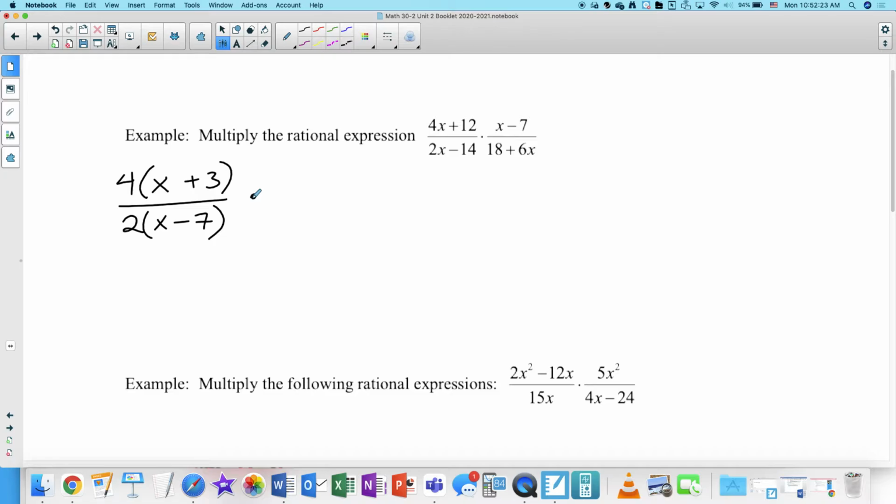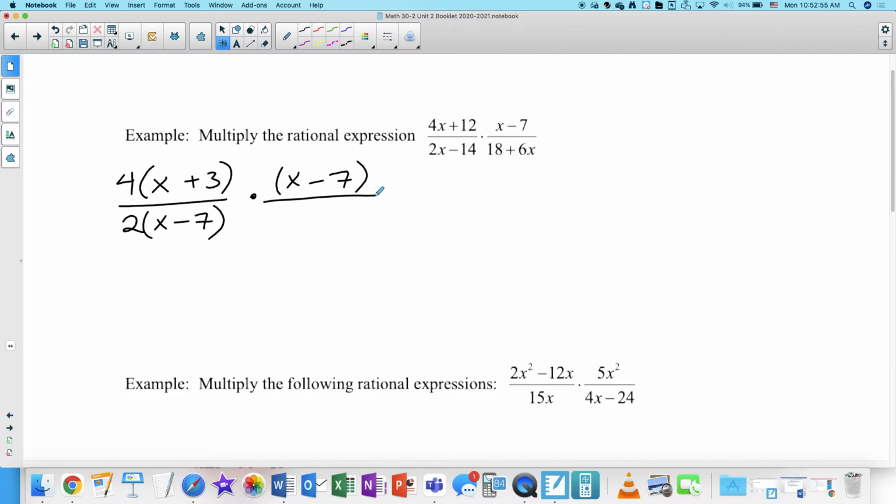No. But one thing that I like to do actually is when I know that a binomial is fully factored, I like to put it in brackets just because it prevents that urge to cancel part of a factor that we talked about last week, where if you see an x in the numerator or x in the denominator, you can cancel them. That's only true if it's just an x and not a minus 7 in there as well. Okay, so you don't have to do that, but I like to.